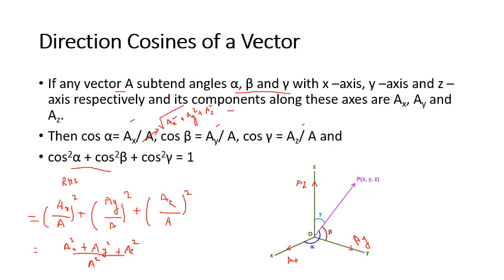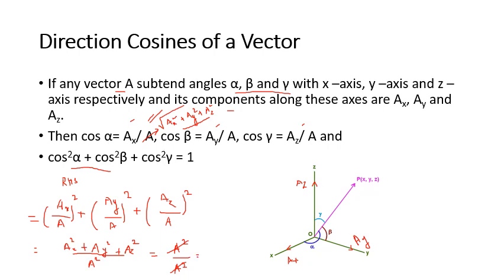So look at this relationship. What we studied, A equals the square root of Ax squared plus Ay squared plus Az squared. Now A squared we can write in another manner: A squared is equal to Ax squared plus Ay squared plus Az squared. Based on this relationship, I am replacing Ax squared plus Ay squared plus Az squared with A squared. So in the denominator also you have A squared, so both will get cancelled.